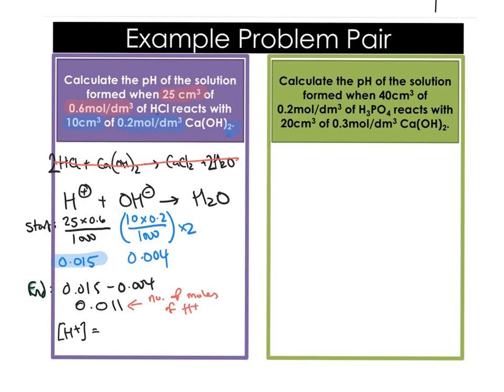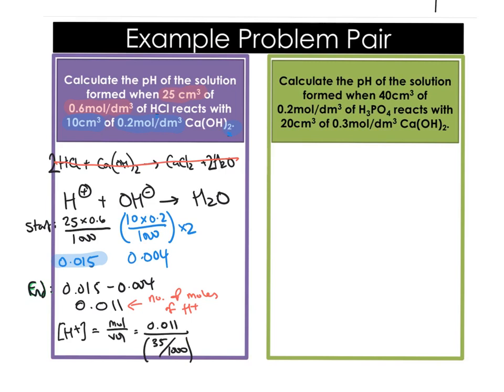So to work out the concentration, I need to do moles divided by the volume, which equals 0.011 divided by the total volume. So up here at the top, we've got 10 centimetres cubed of the calcium hydroxide and 25 centimetres cubed of the hydrochloric acid. So in total now, we've got 35 centimetres cubed.